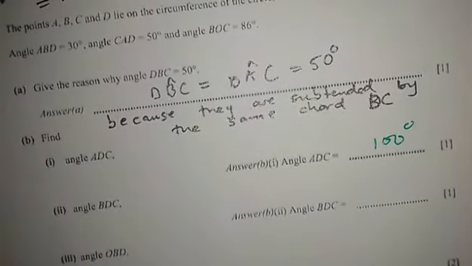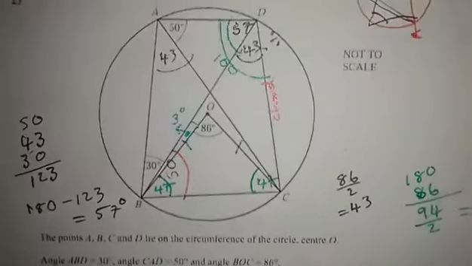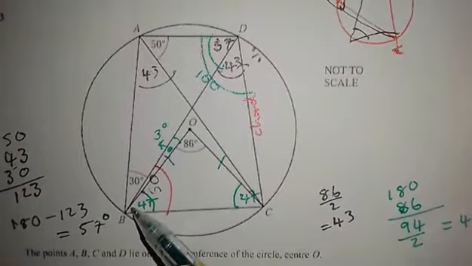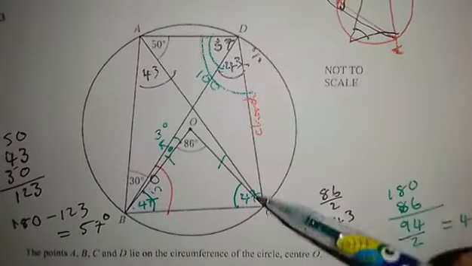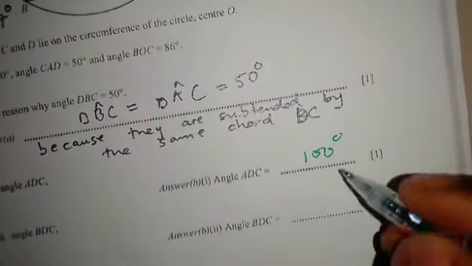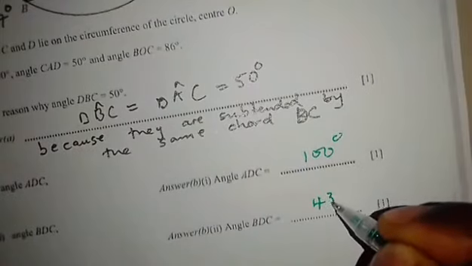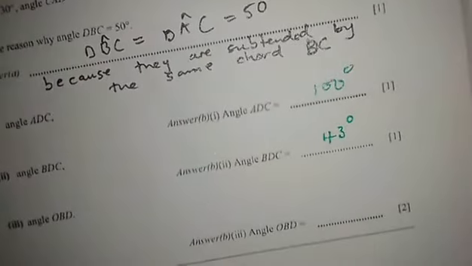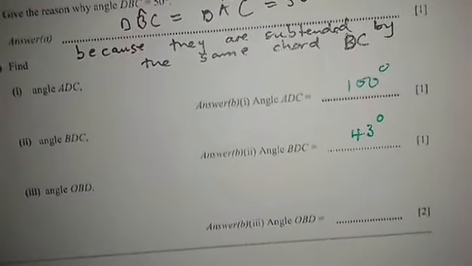That is the first answer. Then we go to part B2: find angle BDC. Where is B? This is B, going to D, then to C, at 43. So angle BDC is 43, and we write 43 degrees. Then the last part: calculate angle OBD.